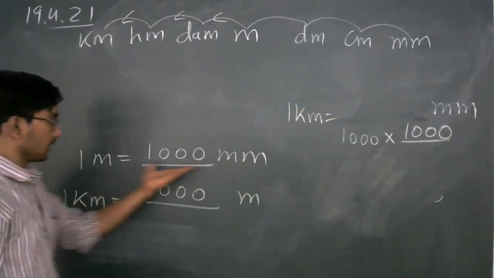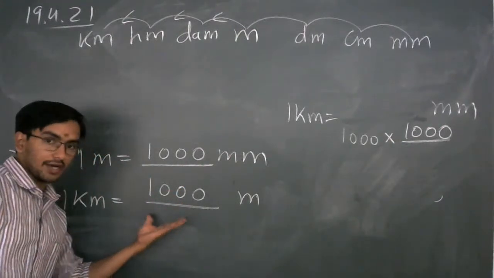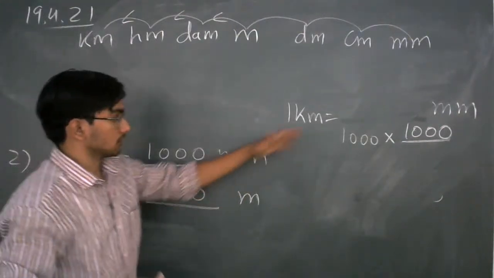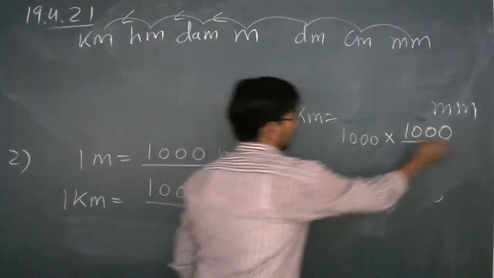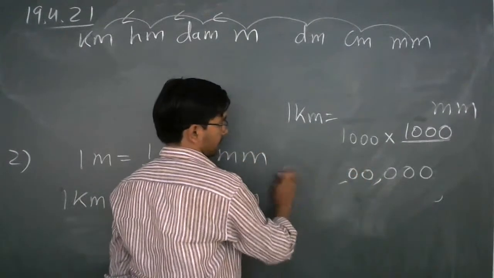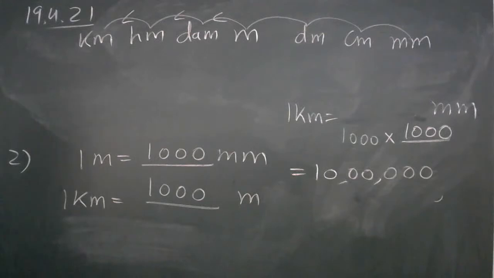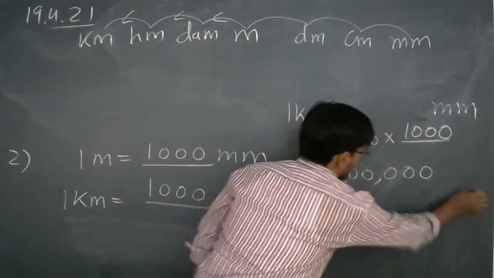In 1 meter there is 1000 millimeter. So we want to calculate for 1000. 1000 multiplied by 1000, there are 6 zeros. 1 2 3 4 5 6. So now what is written on the board?